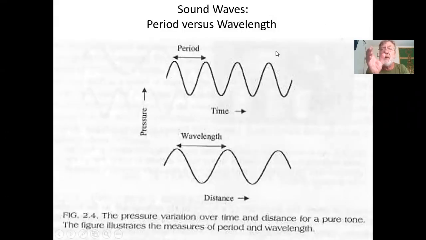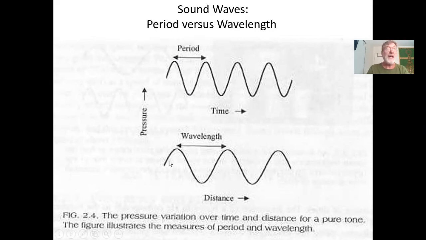Sound waves. Period versus wavelength. Period is the time it took to have one cycle. Follow my cursor. How long did that take on your watch? How long in time did that take? That's period. Okay?